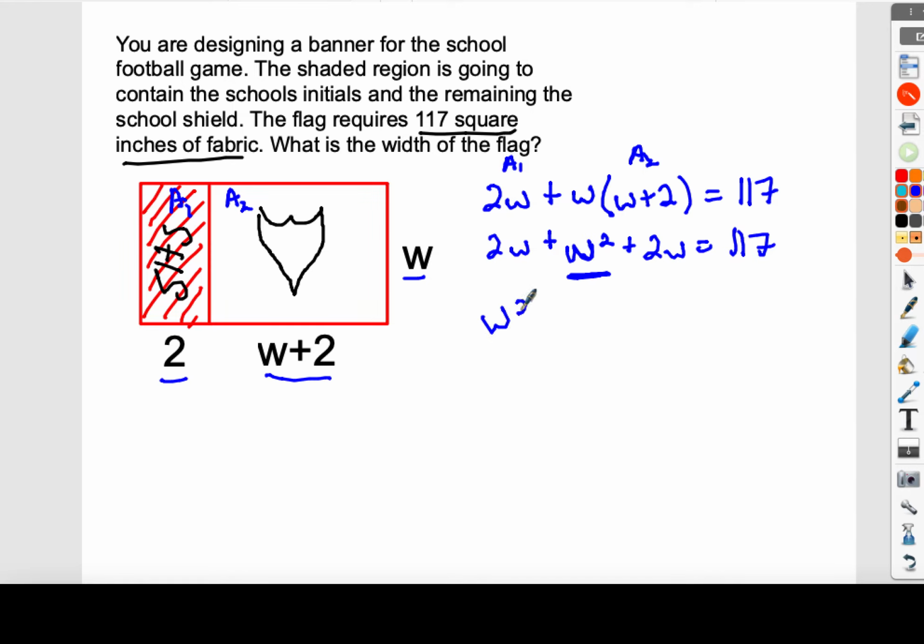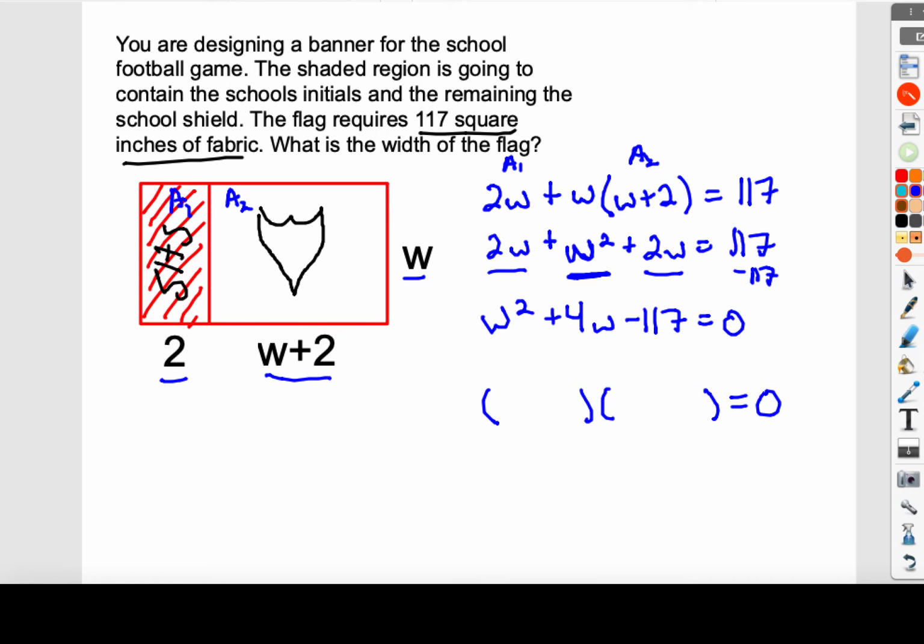So we've got W squared, and notice 2W plus 2W is 4W. I'm going to subtract that 117 over to the left side so that on the right I'll have 0. In that case, we want to look for a couple of factors. What's going to multiply to 117 that's going to add to positive 4?